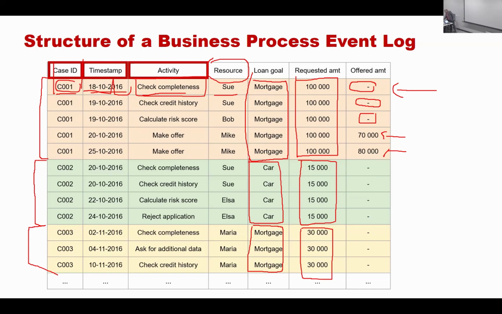So the difference is that domain-specific attributes can be case attributes, like loan goal in this case, or event attributes, like offered amount in this case. And that is pretty much an event log.